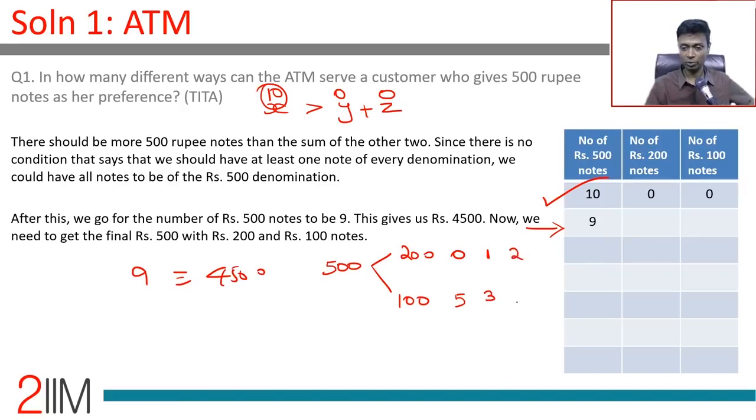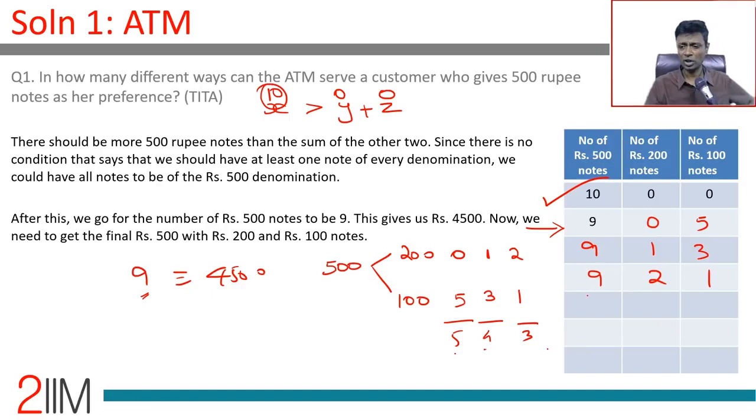Or 2 of the 200s, where there will be 1 hundred. The total number of notes will be 5, 4 or 3. All of these are less than 9. So we could have 9, 0, 5; 9, 1, 3; 9, 2, 1. 3 different possibilities with 9 500 rupee notes.